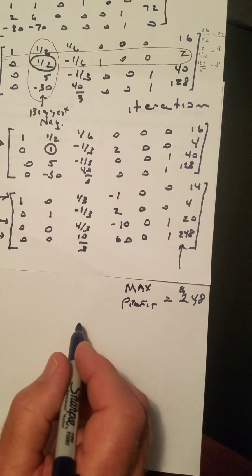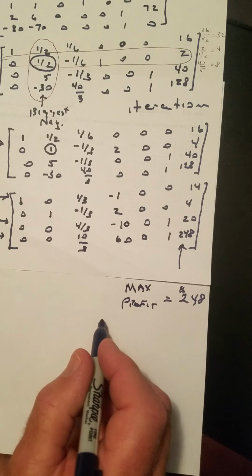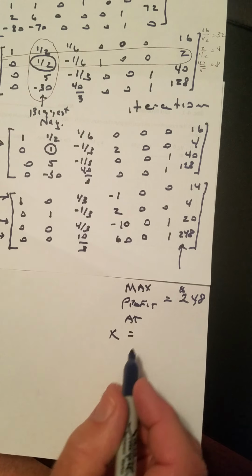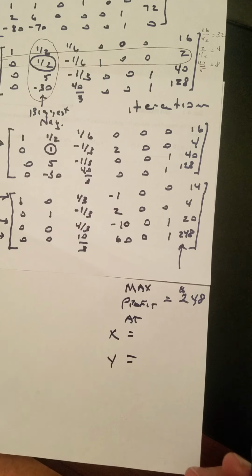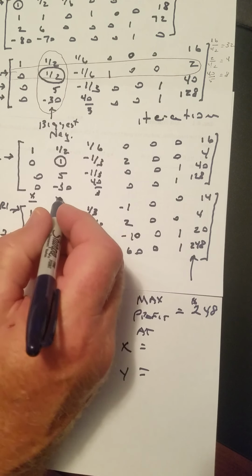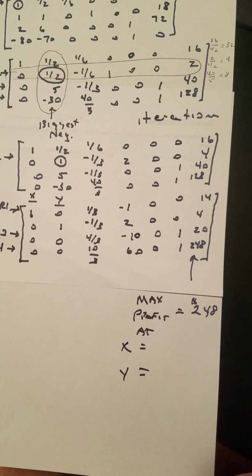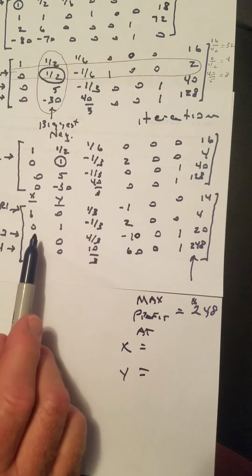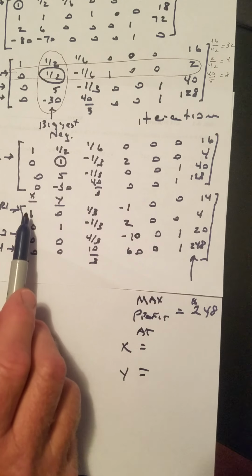Okay. Now we got to figure out what's X and what's Y. This is a little tricky. But if you go back up here, remember how I talked about this is the X column and that's the Y column? Look at the X column. First of all, this should be a unit column.